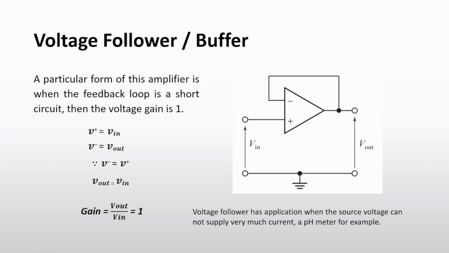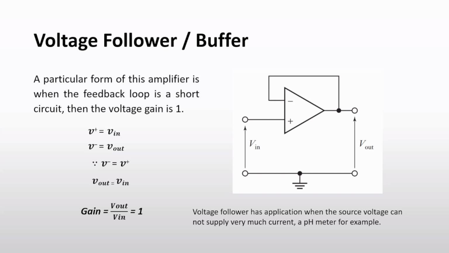In that case, the voltage follower, we use it to isolate circuits. If we want to isolate two circuits, that means the input circuit and the output circuit, we use a voltage follower.